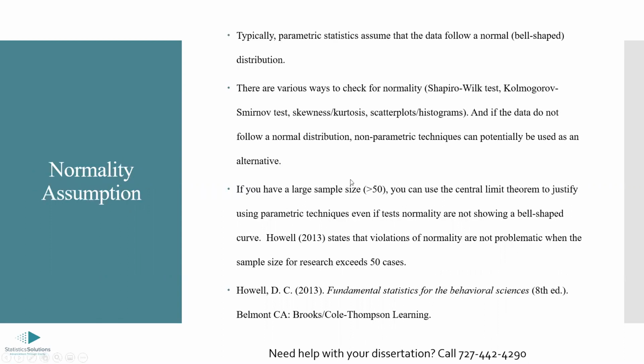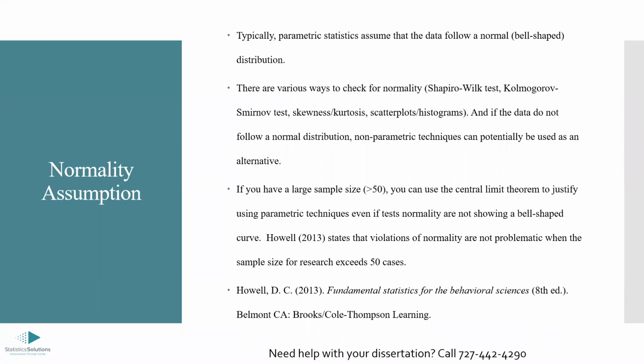So diving a little bit more into parametric statistics, you need to have a normal distribution, meaning your data needs to follow a bell-shaped curve. And there are various ways to test for normality. If you read one reference, another reference is going to give you an alternative option for testing for normality. So you'll have to figure out what is best for your school.